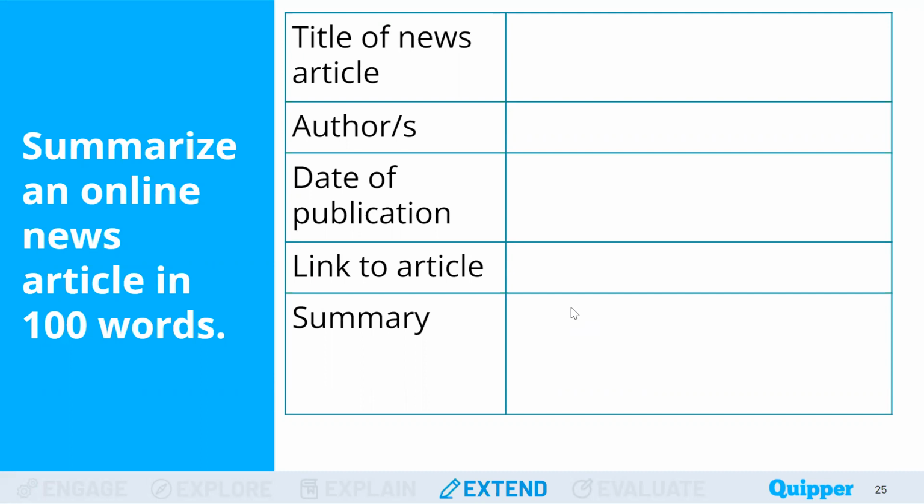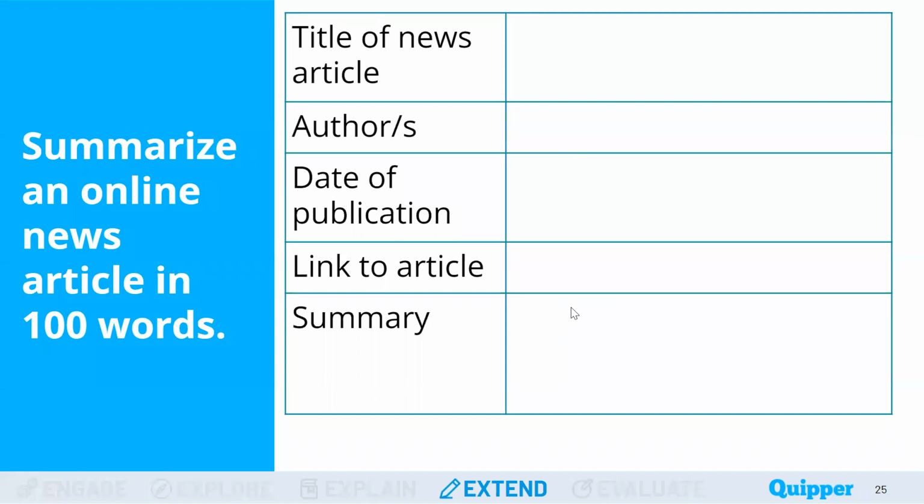Okay, so aside naman sa mga research or yung mga existing na thesis or dissertation, pwede rin naman tayong mag-citation gamit ng online news articles, okay? So, syempre, yung title ng news article, sino yung nag-author nun, and kailan siya napabalita.